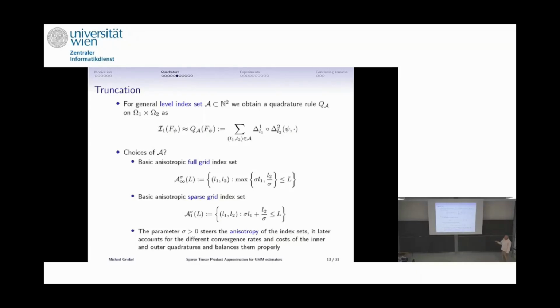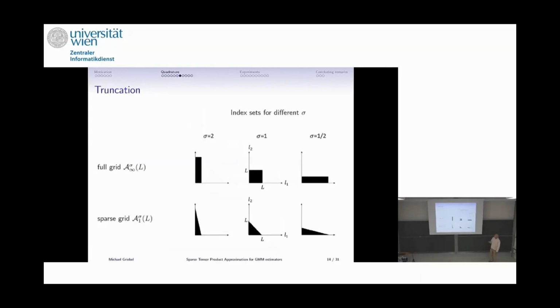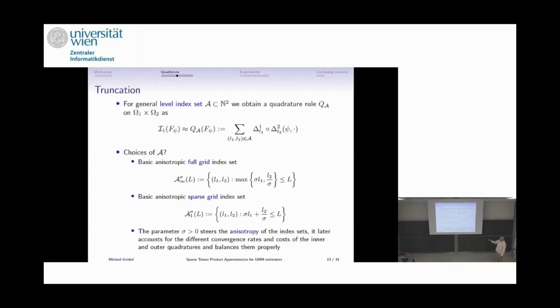The theta, no, excuse me, the sigma is a parameter that steers the anisotropy, and it accounts for the different convergence rates and costs of the inner and outer quadratures. If they are not the same, we need anisotropic grids and so on, and balance them properly. How this is chosen, we will see in a minute. So these are the index sets. For the full grid in theta 1, this is just an index set which is isotropic in the two directions. And if we take theta 1/2, we get this anisotropic index set. Theta 2 is the other one, we call here.